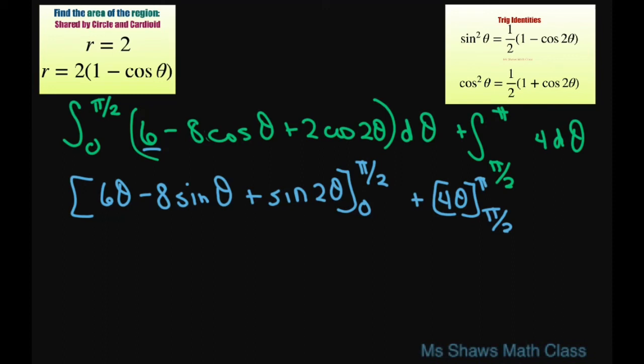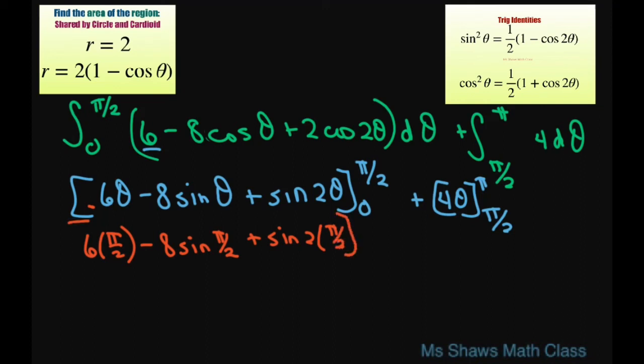Okay, substituting everything in, we're going to get 6 times pi divided by 2 minus 8 sine of pi divided by 2 plus sine of 2 times pi divided by 2. That's this piece, plus 4 pi minus 4 times pi divided by 2.